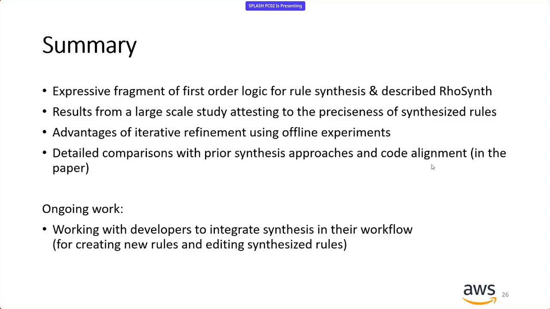Right. I think that's an independent problem, synthesizing fixes. The way I see it, there are two problems. One is localizing the bug, and once you have localized the bug, which is what rule synthesis is doing, how do you do automated program repair? Some of the techniques can be transported from one to the other.